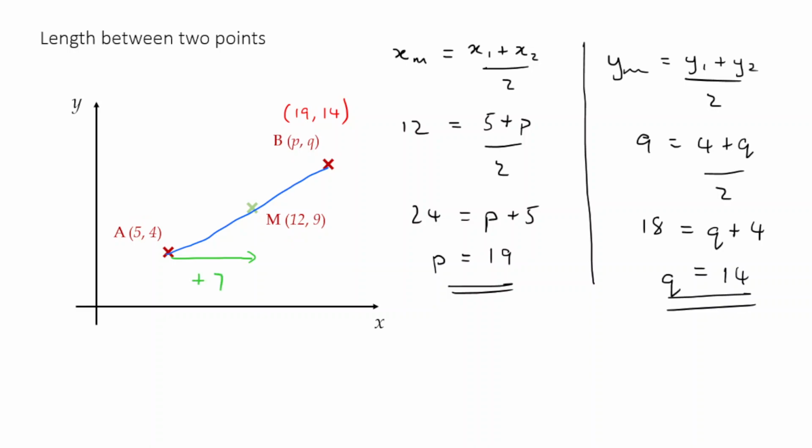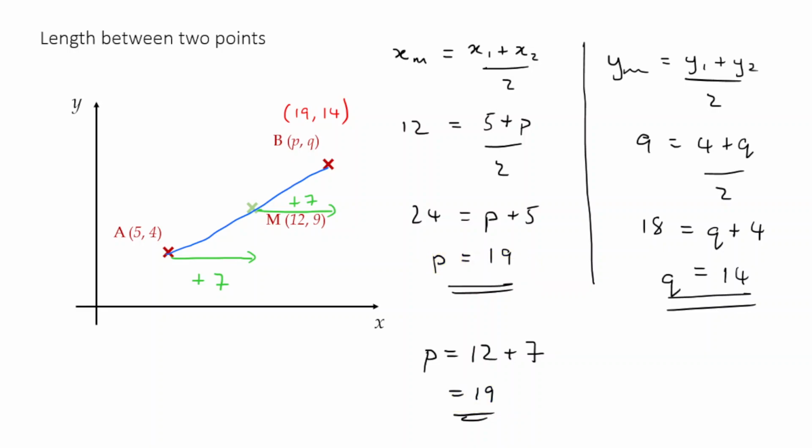So to go from the x-coordinate of A to the midpoint x-coordinate, I've got to travel along a distance of 7. Therefore, I've just got to travel along the same distance of 7 to get to the x-coordinate of B, right? So the x-coordinate of B, which is P, is just 12 plus 7, which is 19. That's the same value that I've just got here and here, okay?